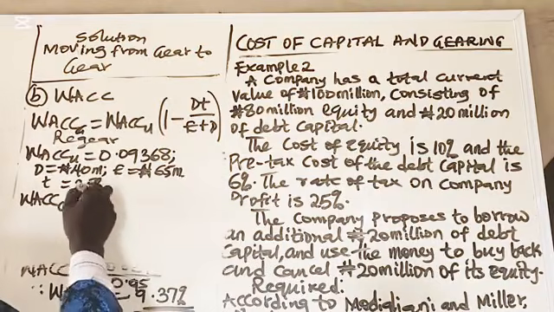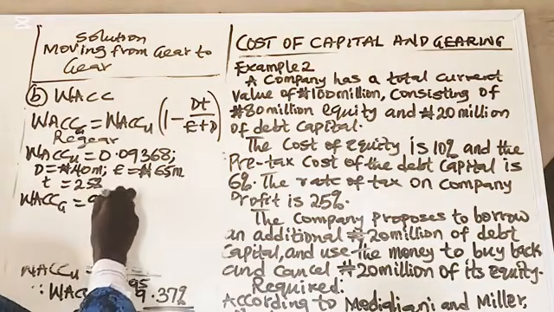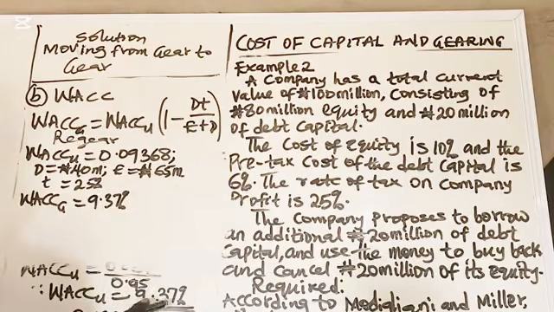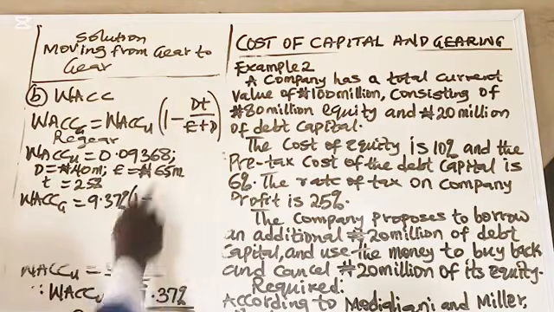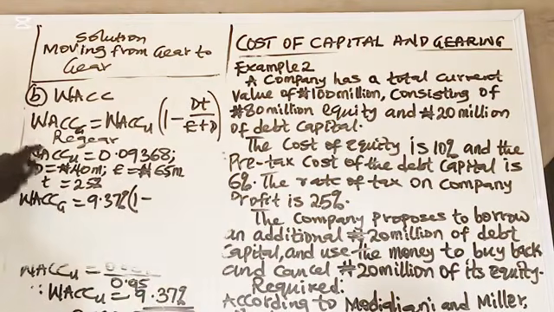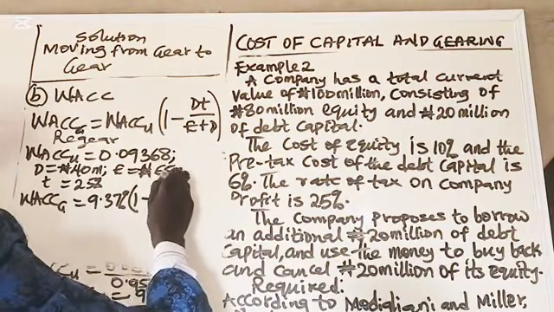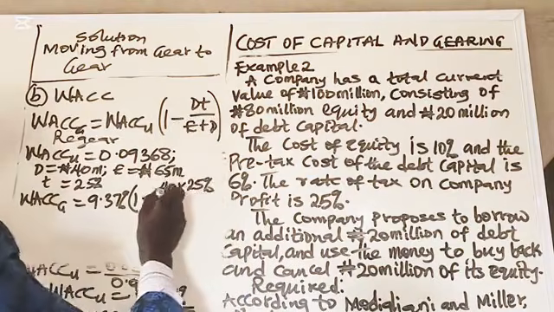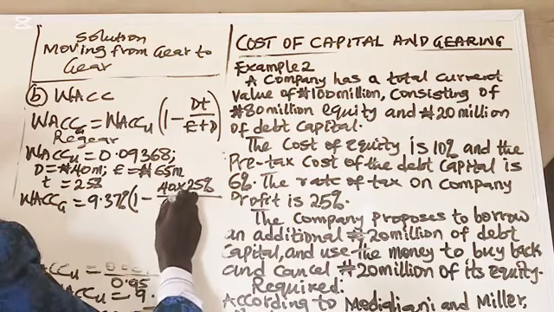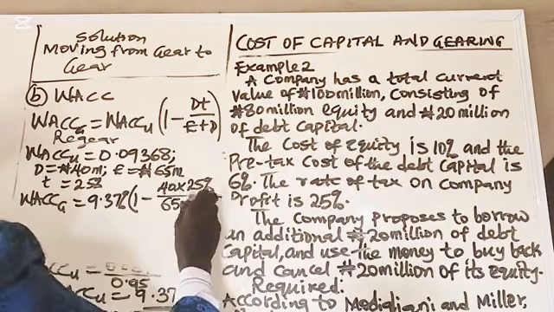We've calculated 9.37% into 1 minus D, where D is 40 million, times the tax rate of 25%, over E, 65 million.